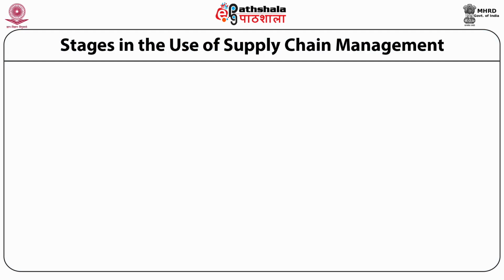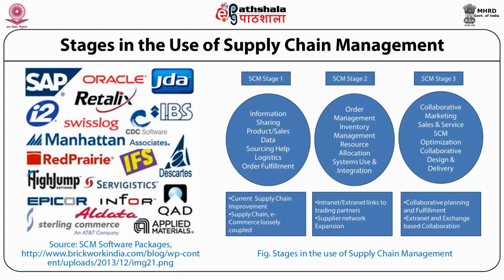Now we'll study the stages in the use of supply chain management. The above figure illustrates the trend in the use of supply chain management today as three possible stages in companies' implementation of supply chain management systems.